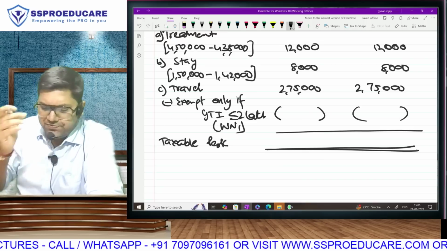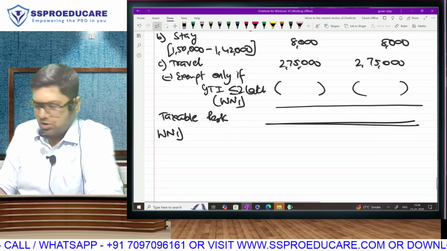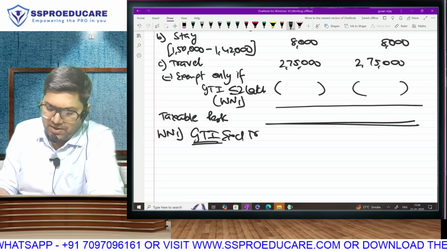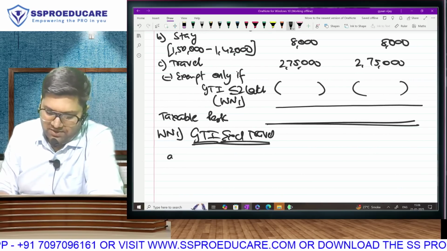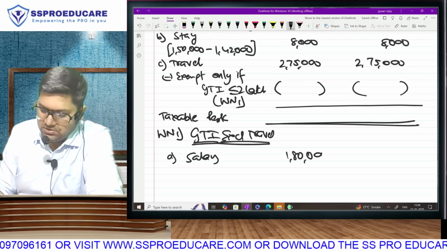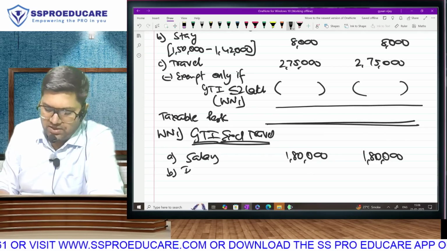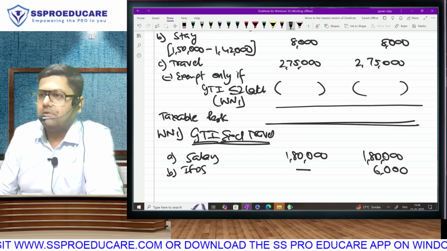As the question is columnar, let's continue our working note also columnar. Let's see what is the GTI excluding the travel part, because travel we don't have to take. So in GTI, what are the components that we have? We have salary, that is in both cases 1,80,000. Then we have income from other sources, which is 0 and 6,000. That's the only difference between them.